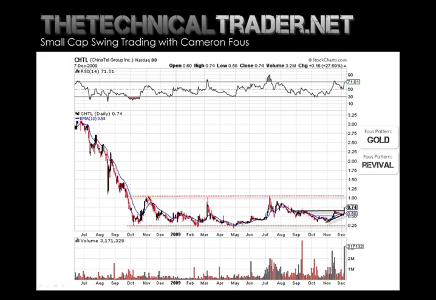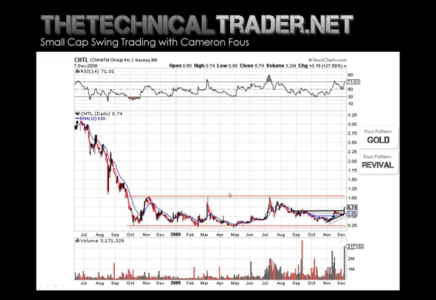So now looking at this revival pattern, look where resistance is back here, up here at $1. But looking at the long-term scale, this is a perfect-looking gold pattern where price has been retesting the $1 area for about a year and a half. So a breakout above $1 per share, or it looks like slightly above 1, where this has been peaking out, is a huge indication that this stock could possibly break up to $2 per share, maybe just $1.50.